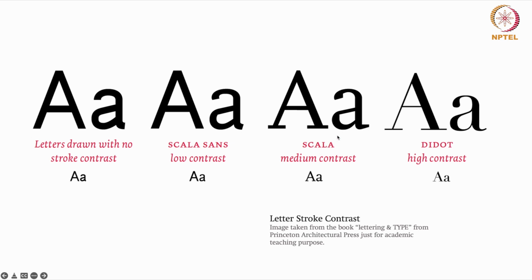And then in the Didot family, you get a very high and dramatic contrast. These things we discussed in type classification as well, if you remember. So this kind of contrast brings a different kind of identity and characteristic features to a font or a font family and to the letter.